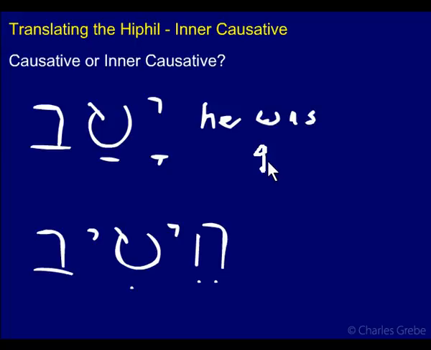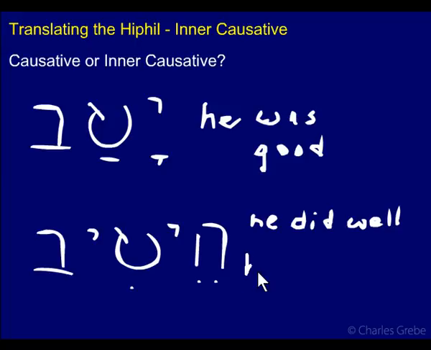And then heitiv, this is the Hiphil form for a first yud. We'll come across those later. But we're focused on meaning here, not morphology. This would be he did well, or he caused himself to be good. Okay, literally, the inner causative. He caused himself to be good.